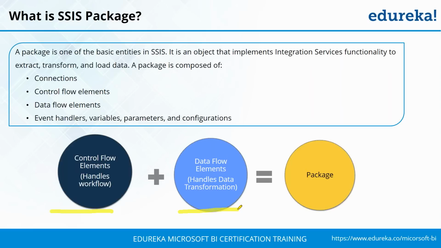So if you want to perform any operation which deals with data, you use data flow. Apart from that, we have connections. What are connections? These are nothing but your connection managers. Whenever you're creating a connection to any source or destination, you have to create a connection. So let's say, for example, you're using an Oracle DB as a source and SQL Server as a destination.